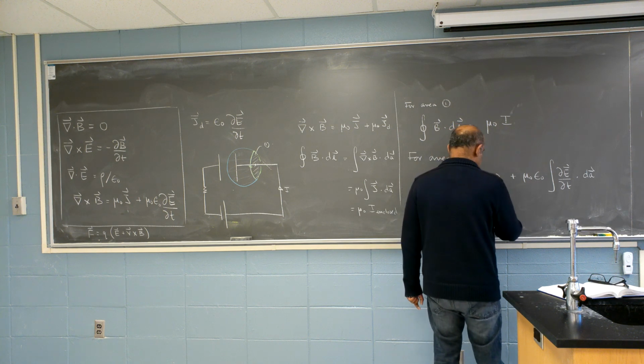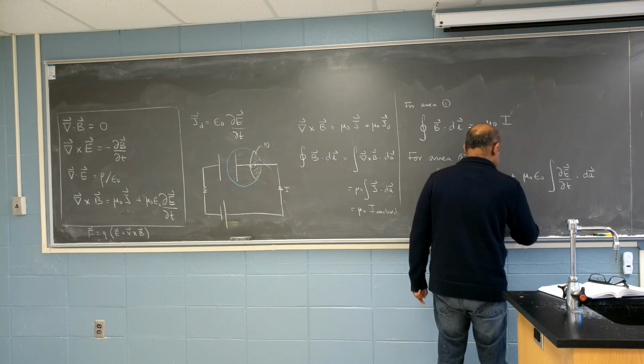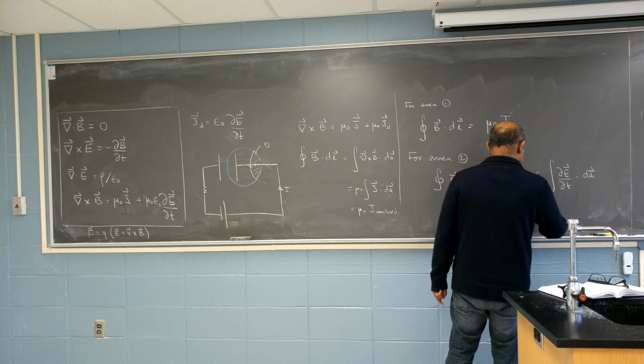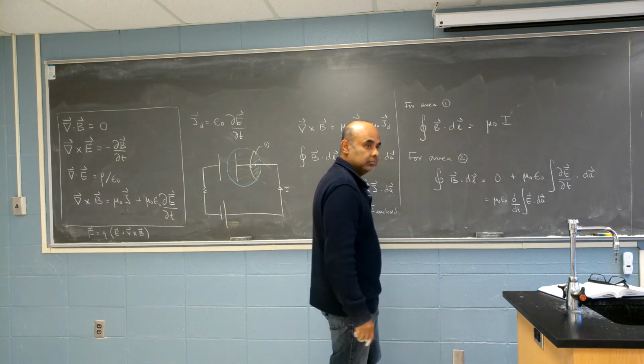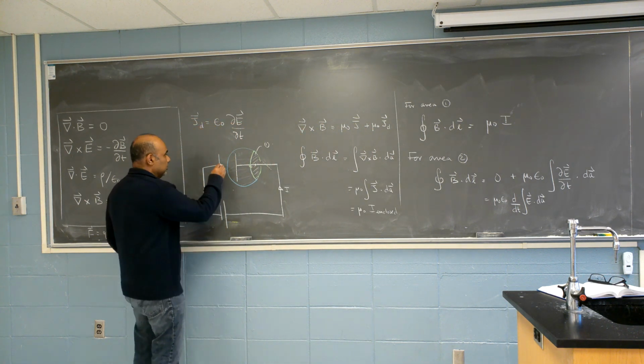I can bring out mu naught epsilon naught, d dt, of E dot dA. But there's electric field here.